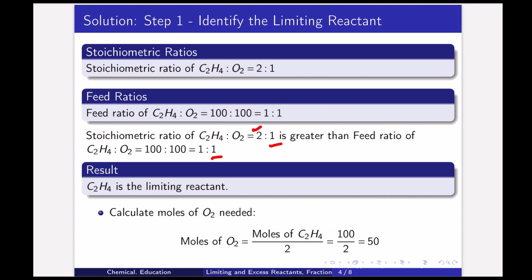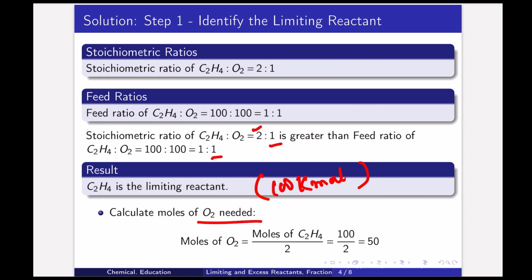Now if C2H4 is the limiting reactant, then calculate the moles of oxygen needed. Here 100 kilomoles is the limiting reactant. From the stoichiometric ratio we can easily calculate how much oxygen is needed.